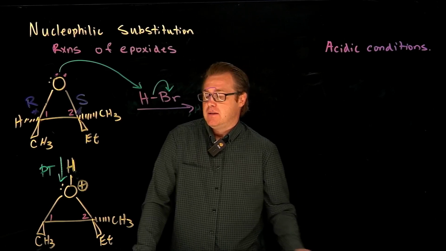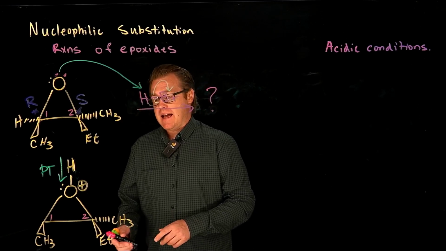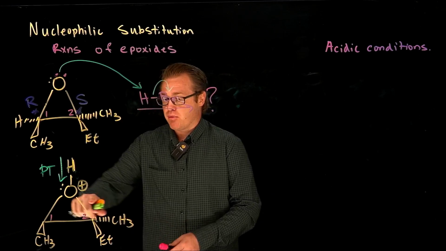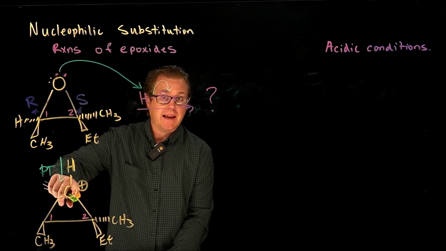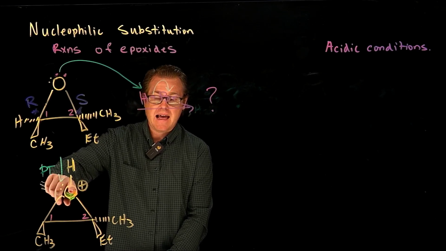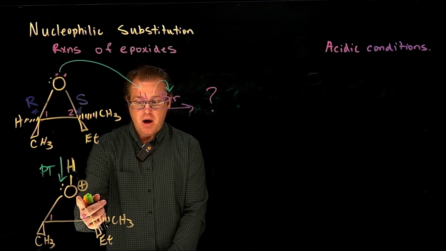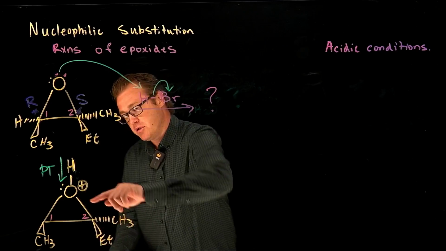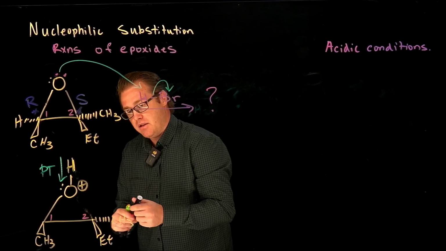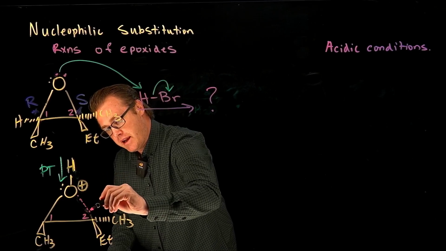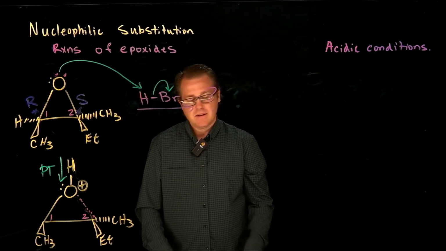Okay. And what's going to happen is that it's going to partially break this carbon-oxygen bond right here. And I'll explain the reason why in a minute. But this bond right here is going to be partially broken. Still there, but partially breaking. And I'm going to represent that with some dotted lines right there. Okay.